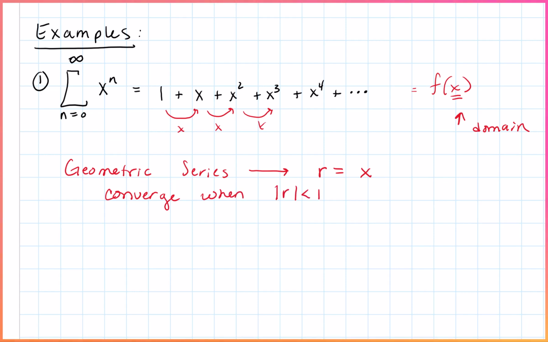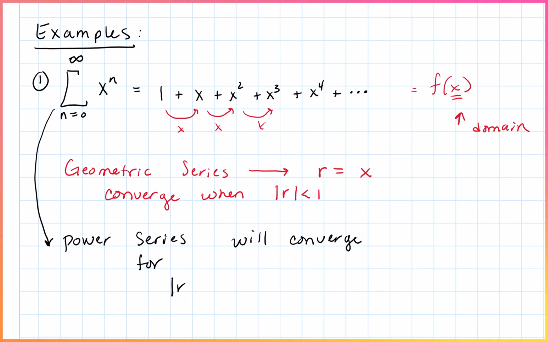So this power series will converge because it is a geometric series. It will converge for the absolute value of r, which is the absolute value of x, less than 1. So this is going to converge when the absolute value of x is less than 1.